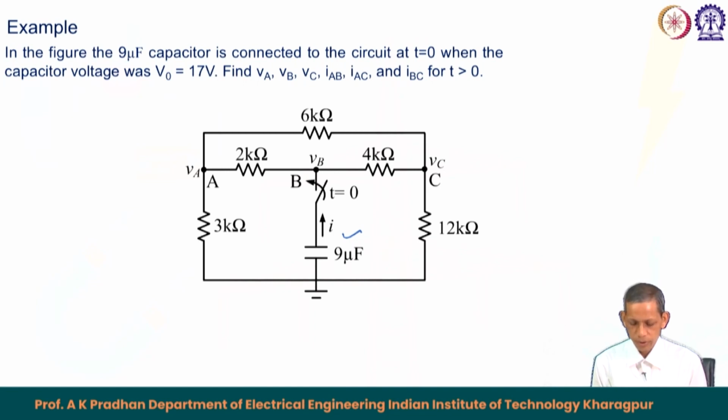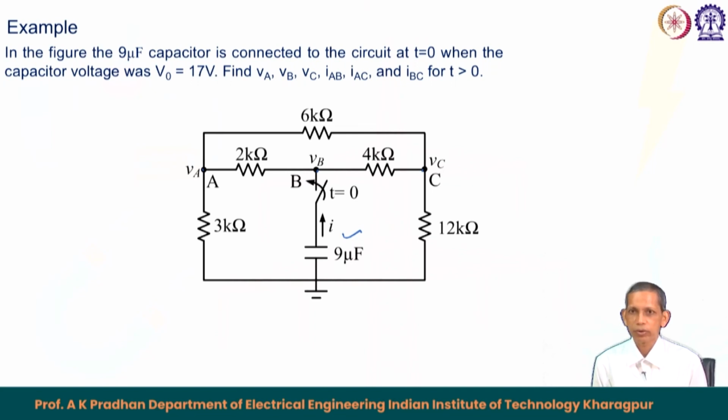Find V A at node A, V B at node B, V C at node C, and the currents I A B through this 2 kilo ohm branch, I A C, and I B C for t greater than 0.